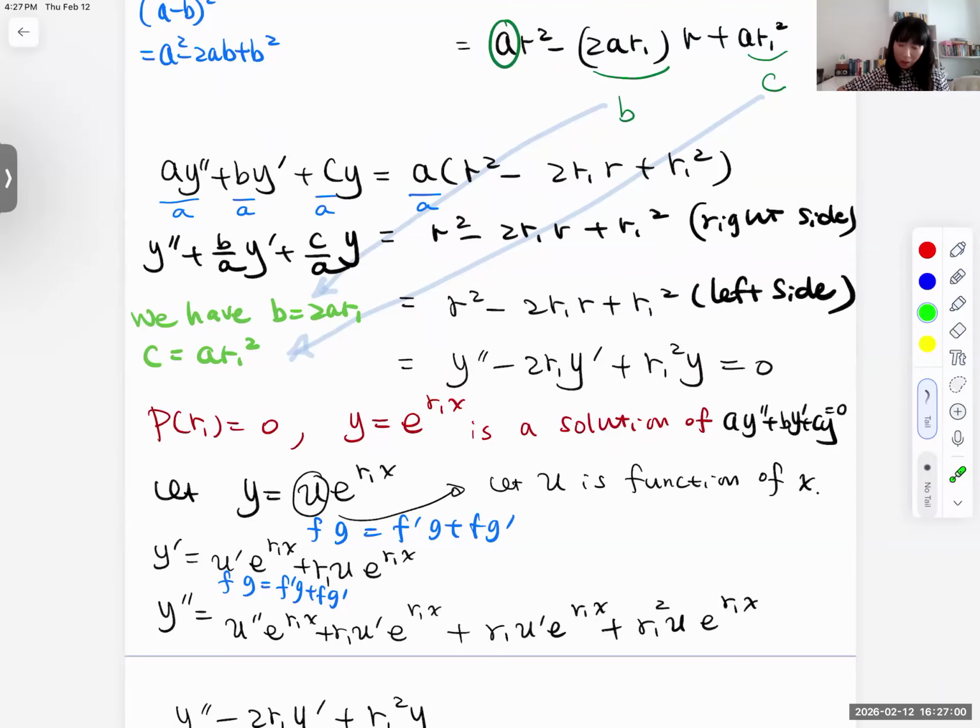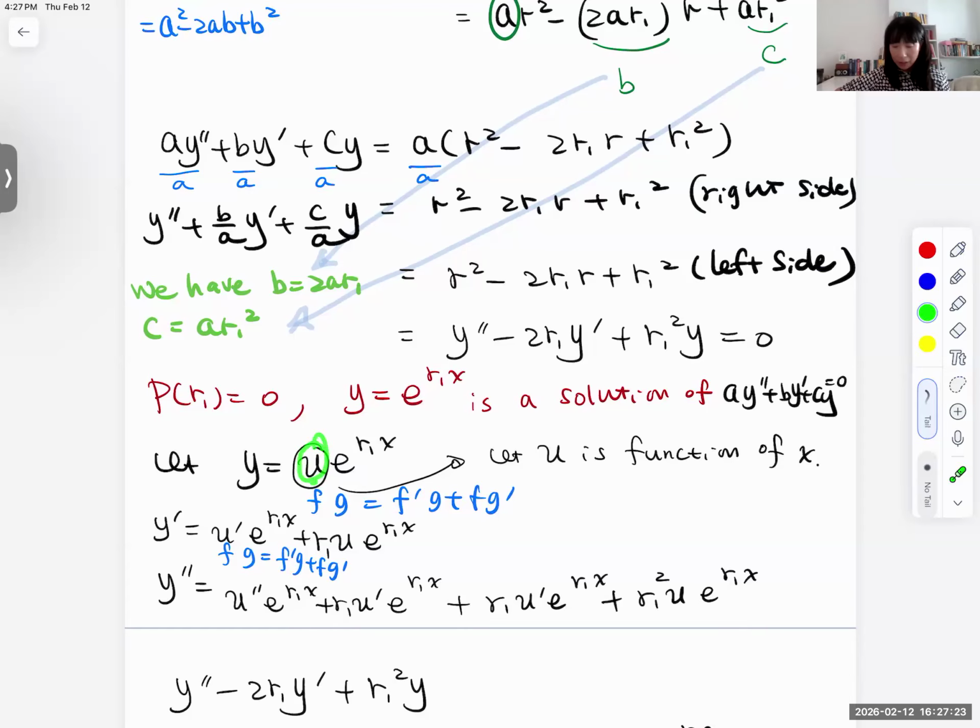All right, so we have y equal to u e to the r sub 1 x. We know r sub 1 is the repeated root. And then we say that u is a function of x. If we differentiate to get y prime, we are using the product rule, so we consider u as f and e to the r sub 1 x as g.